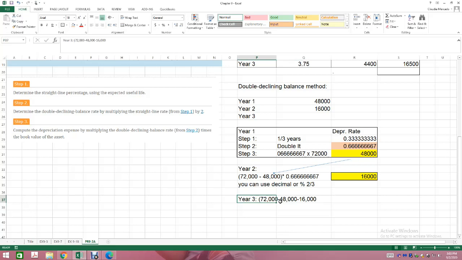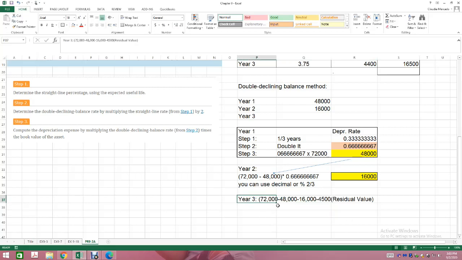I depreciated 48,000 in year 1 and 16,000 in year 2. Now I know that I have a residual value of $4,500. I'm going to subtract my residual value, and that is going to give me the amount we need for depreciation for that year.